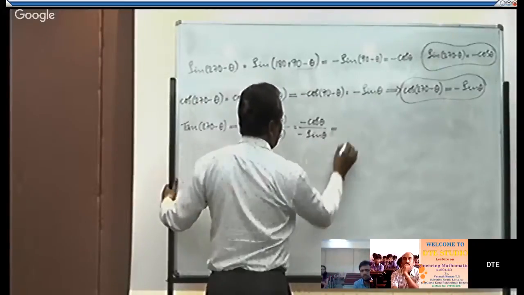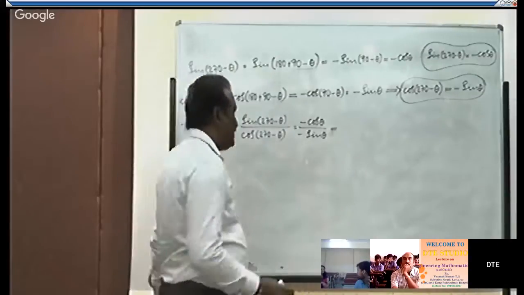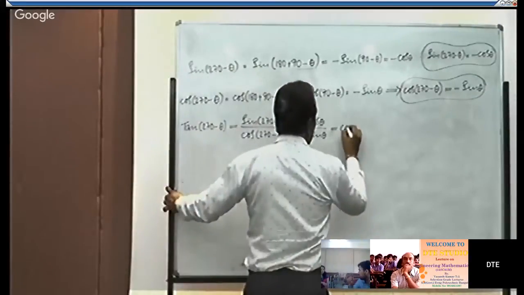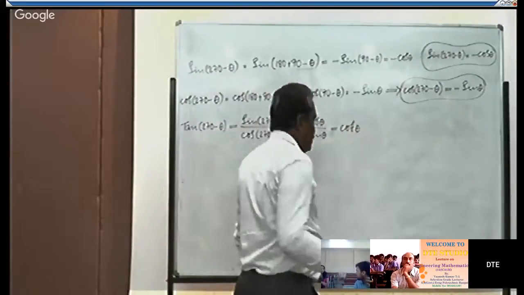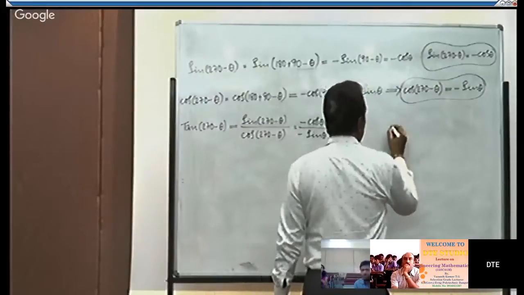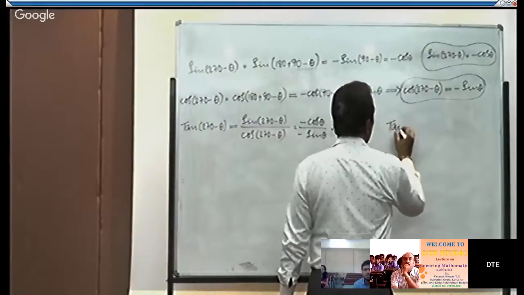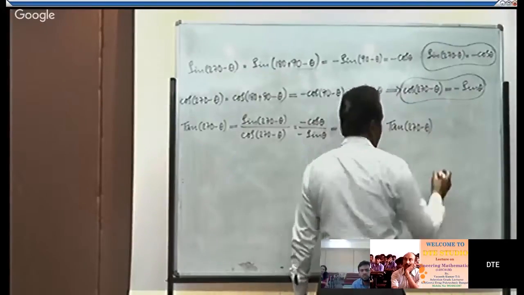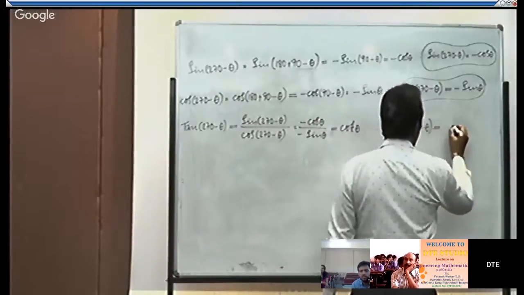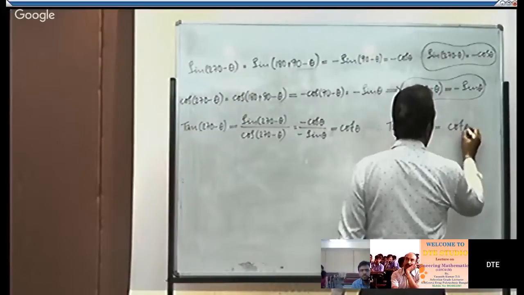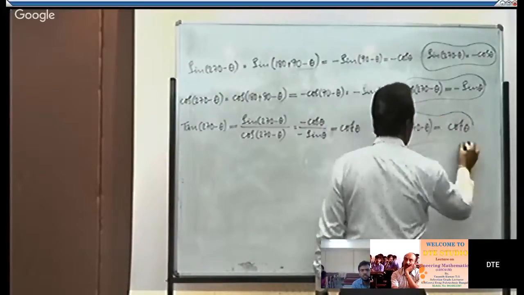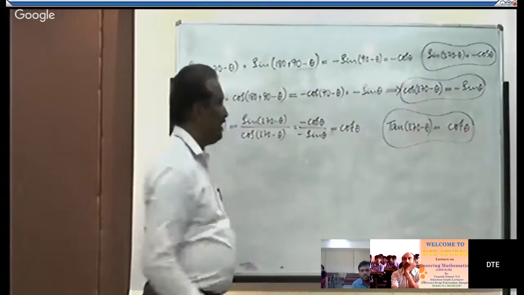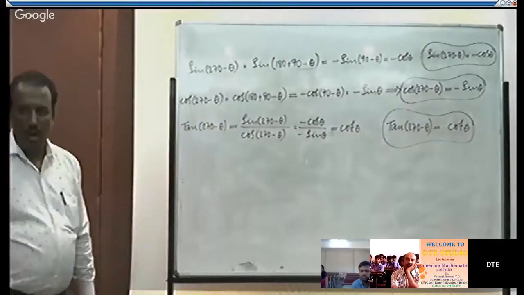Minus minus gets cancelled. Cos by sine is equal to cot theta. Thus, we can write tan of 270 minus theta is equal to cot theta. Tan of 270 minus theta is equal to cot theta.